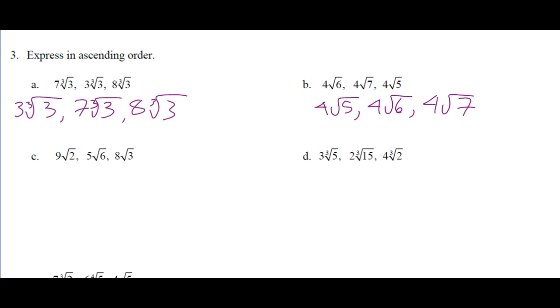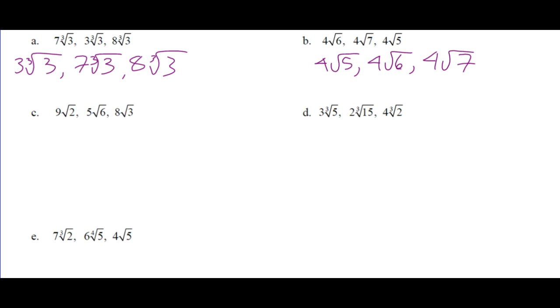So what we have to do here is we want to switch from an entire radical to a mixed radical, so 9 root 2 is root 81, root 2, which is root of 162. 5 root 6 is the root of 25 times 6, which is root 150.